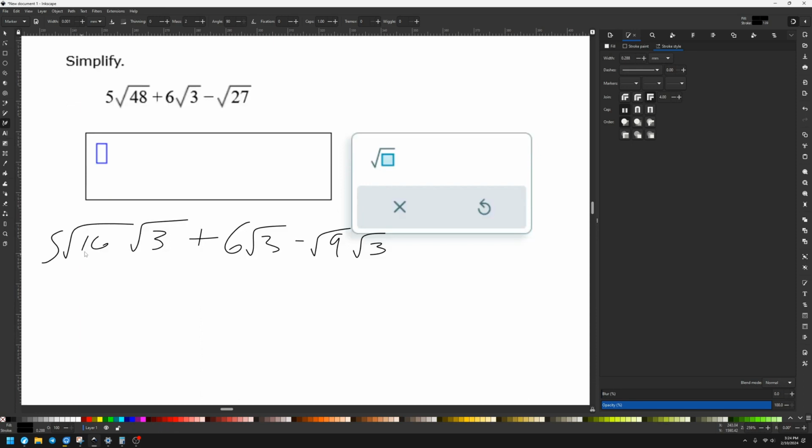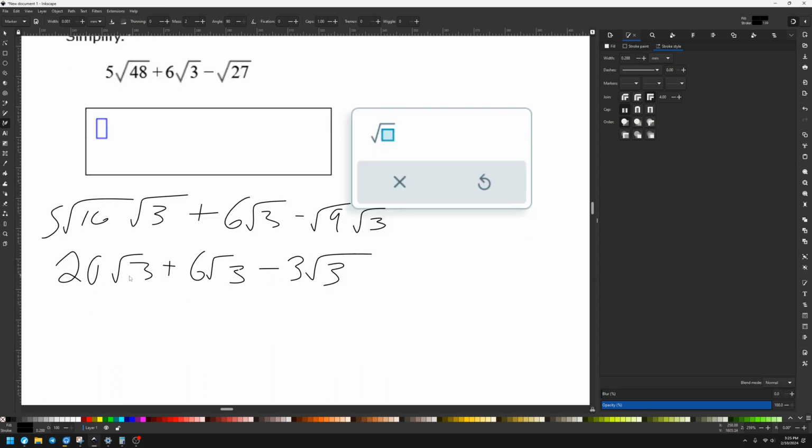The square root of 16 is 4, so this turns into 20 root 3 plus 6 root 3 minus the square root of 9 is 3, so that would just be 3 root 3.